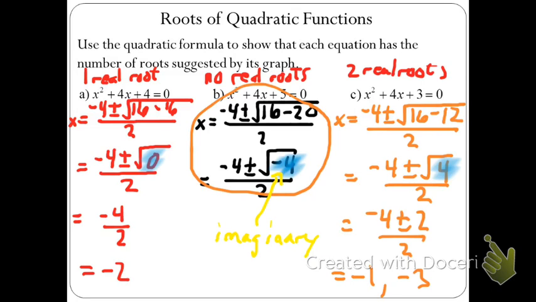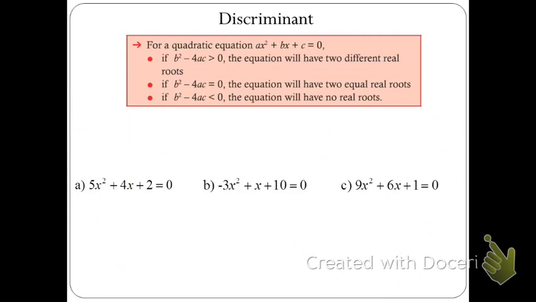So, if you just look underneath the radical part of the quadratic formula, it tells you whether you have a real root or an imaginary root, and it also tells you whether you have 1 real root or 2 real roots if there is a real root. And that's the purpose of this next slide, is to explain that very rule to you. Now it turns out that what we were just working with is something called the discriminant.